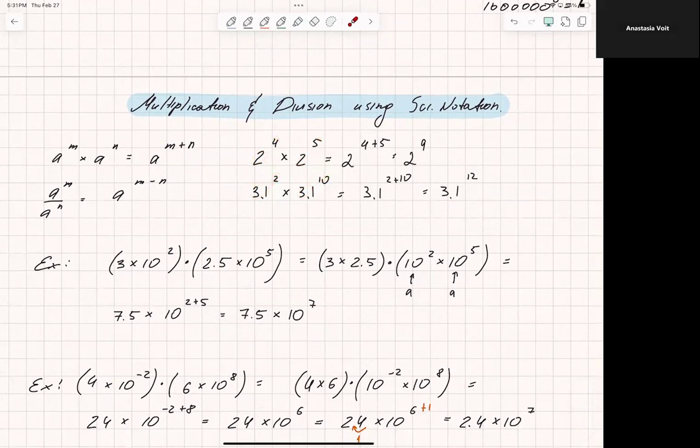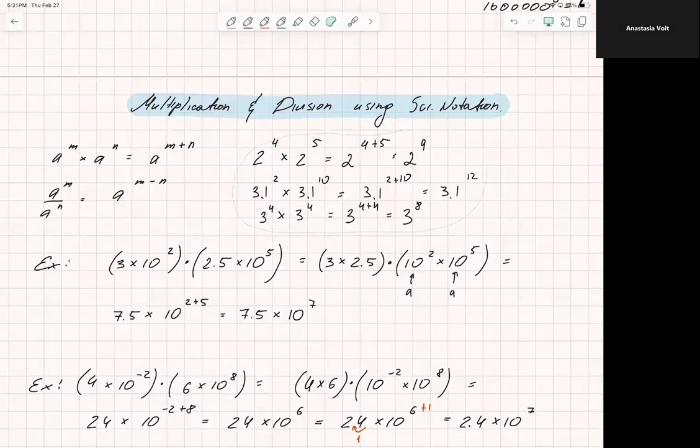So when they're different, we just add them. Even if you have something like 3 to the power of 4 times 3 to the power of 4, we can write it as 3 to the power of 4 plus 4, which is 3 to the power of 8. Okay? So the base should be the same.